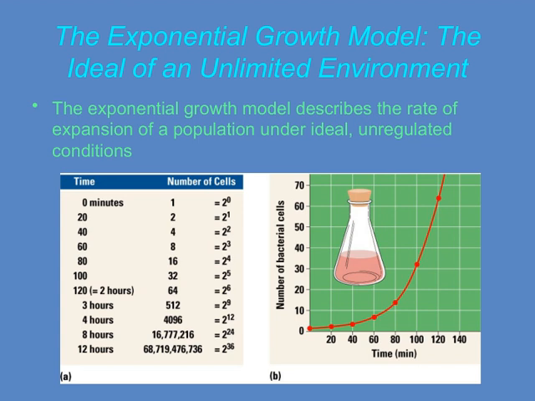This concept helps us understand the potential for rapid growth, but it's also a reminder that in real-world situations, such ideal conditions are rare. Throughout this presentation, we'll see how this model provides a foundation for understanding population dynamics, especially when examining what happens when growth is unchecked.